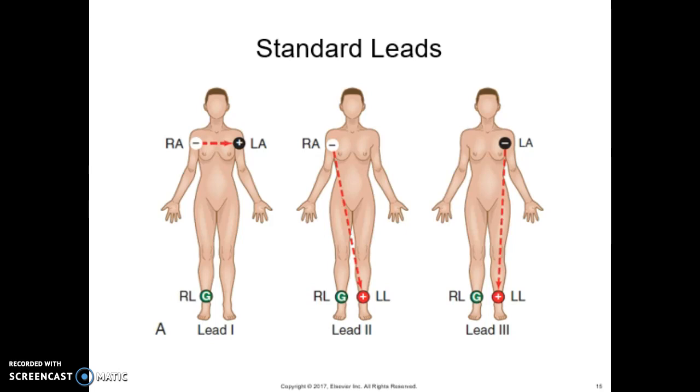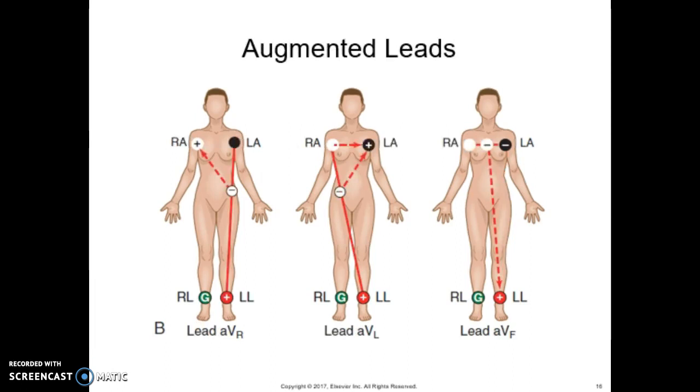So how are these leads designated? They are designated with the Roman numerals 1, 2, and 3, and that's how we identify them when we're reading the ECG or EKG. Looking here, these are the augmented leads.